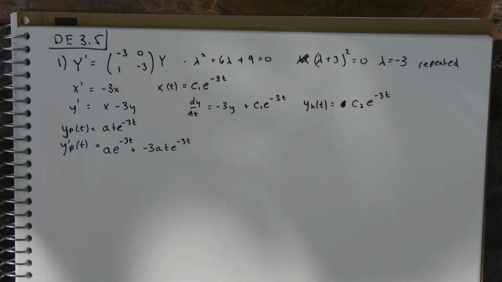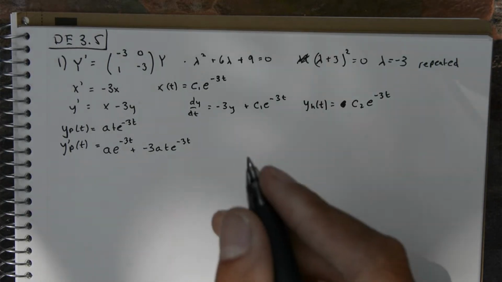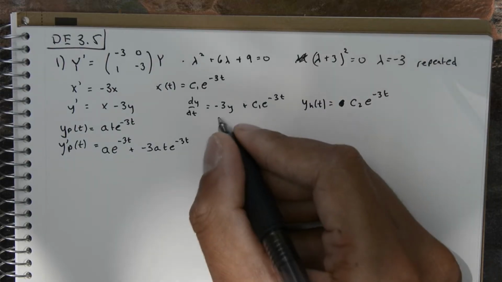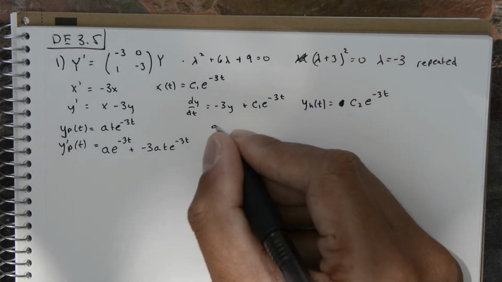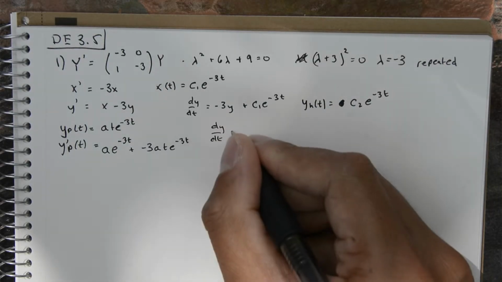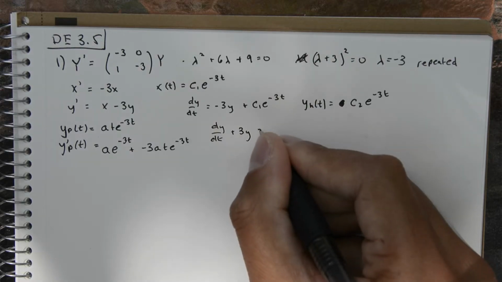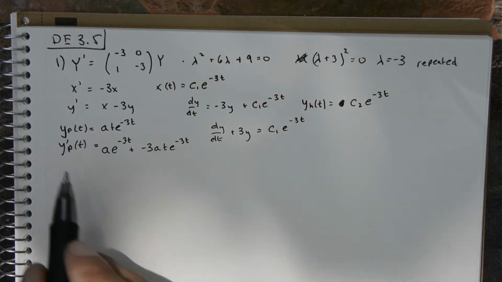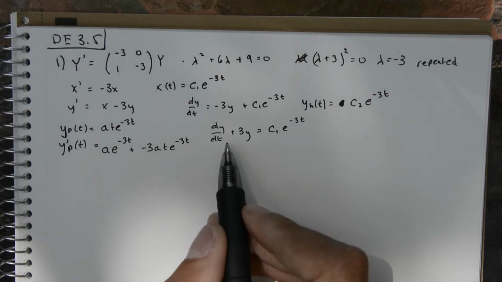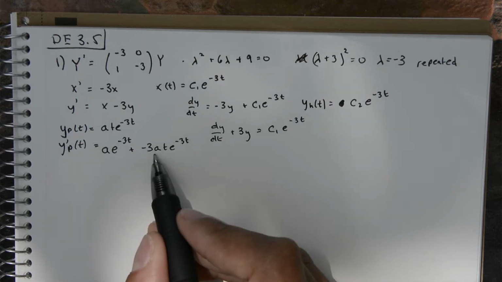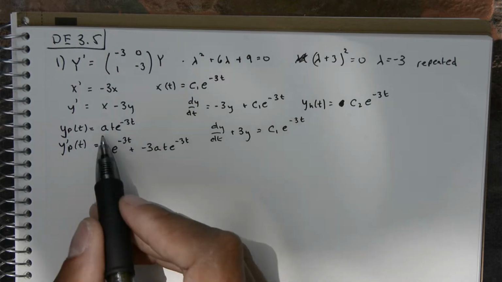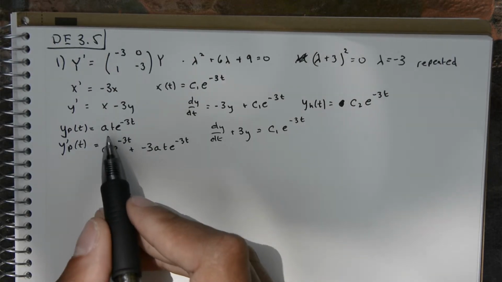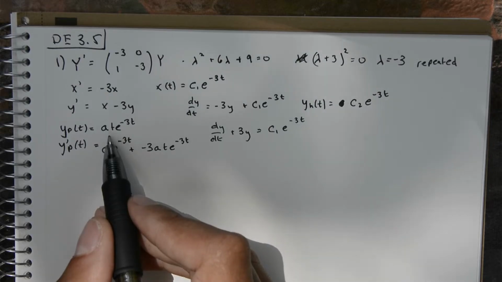Okay, and then, but did I do this wrong? No, so our equation becomes, because we move everything over, dy/dt plus 3y is equal to c1 e to the minus 3t. And now all we're doing is solving this equation for a. And then we substitute back into y_p, and that will be our particular solution.